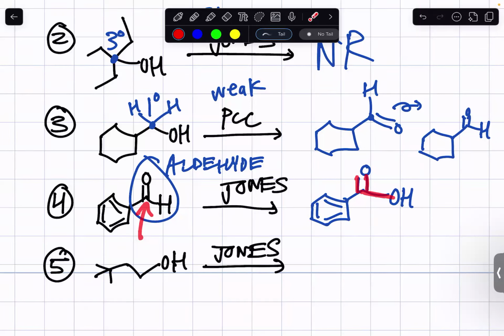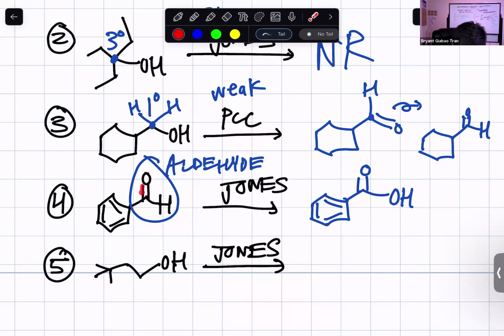How many bonds to oxygen? It's only bonded to that oxygen two times. So you notice how we come from two bonds to oxygen to three bonds to oxygen here. That's gaining a bond to oxygen, which is oxidation.